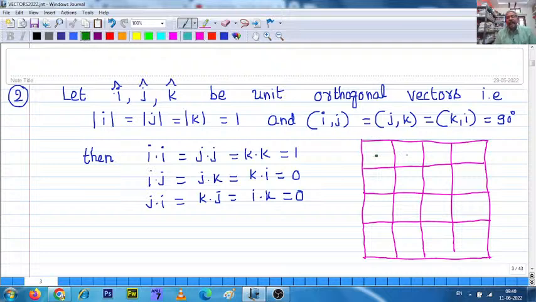Write down i, j, k. So my dear students, remember i dot i is 1, i dot j 0, i dot k 0. Just like a unit matrix, j dot i 0, j dot j 1, 0. Here also k dot i 0, 0, 1. Clear now? I hope it's very clear to you.